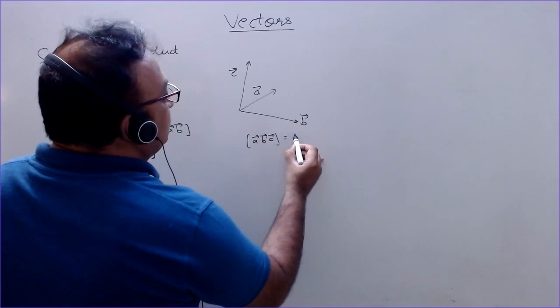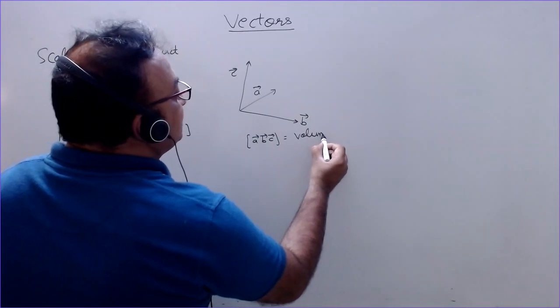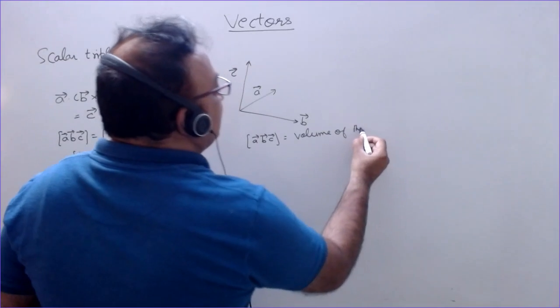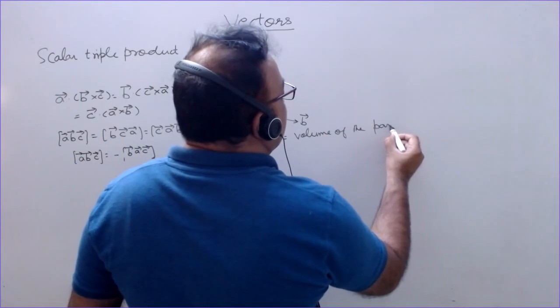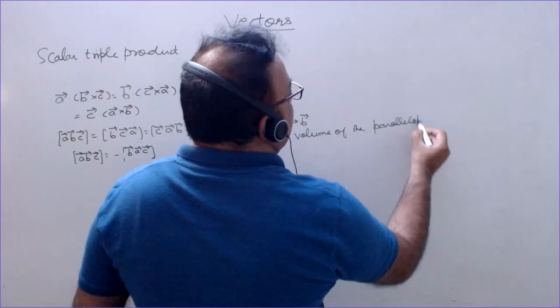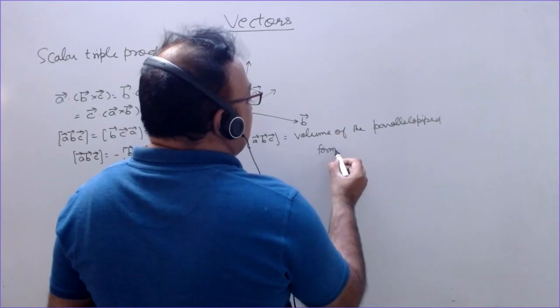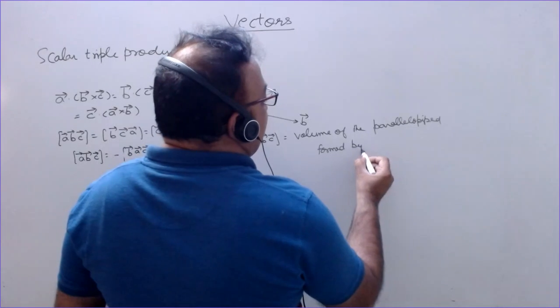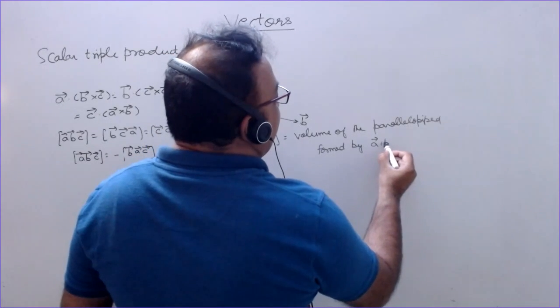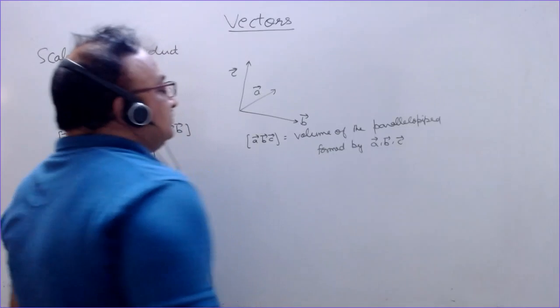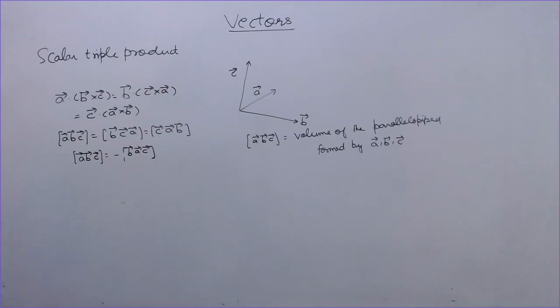is equal to the volume of the parallelepiped formed by the three vectors A, B and C. So these three vectors are forming a solid body which is inclined at certain angles other than 90 degrees to each other.